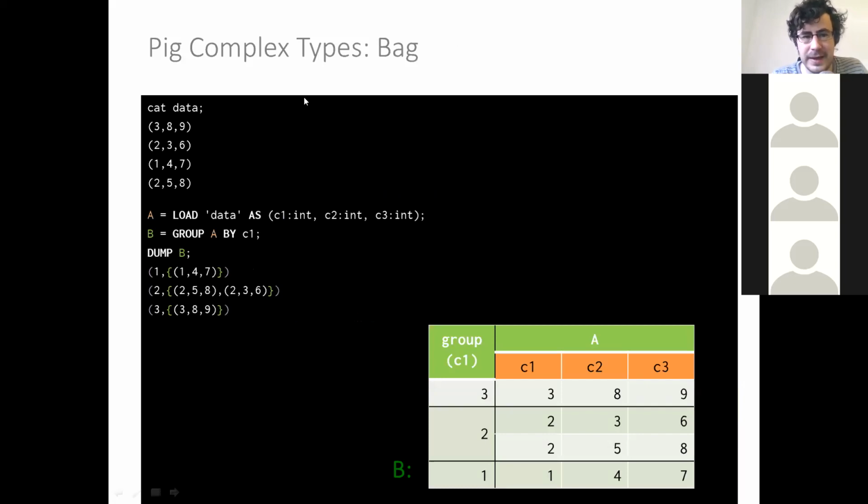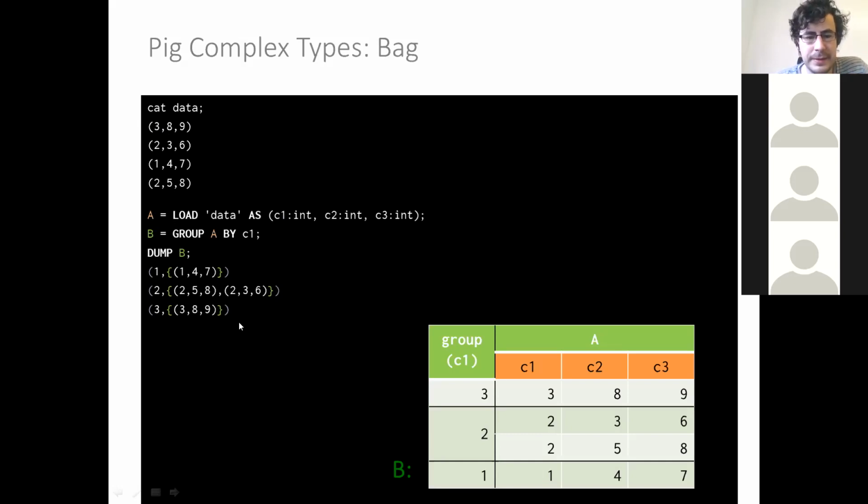So we can also flatten bags. There is a slight difference between how we flatten bags and how we flatten tuples. Let's say we have our data here, which is a flat file, and then we do our group by as we saw before. We group by the first column, and that creates this structure here where we have keys that are integers and we have values that are bags of tuples.